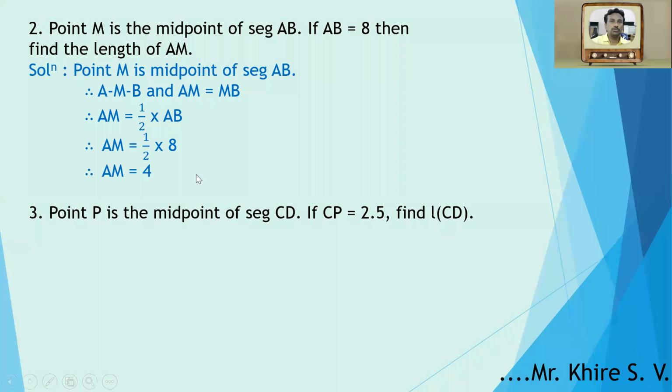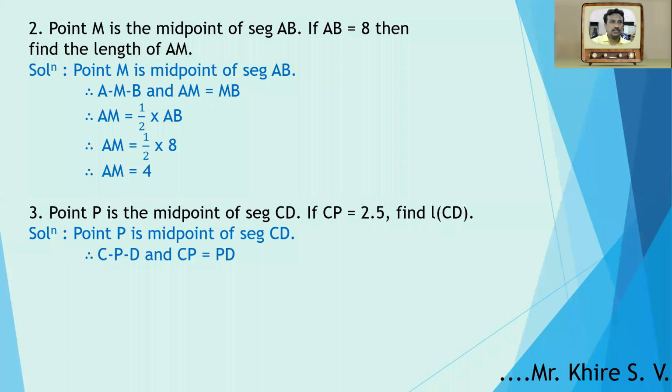Point P is the midpoint of segment CD. If CP is equal to 2.5, then find length CD. Now point P is the midpoint of segment CD. Therefore C-P-D is there. Point P lies in between point C and point D, and CP is equal to PD. Now CP is half of CD. Therefore put the value of CP: 2.5 is equal to half of CD.